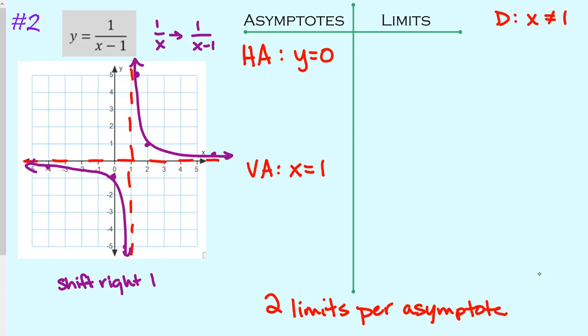So we're going to write the limits that go with each asymptote. So for the horizontal asymptote, you always have the limits as x approaches infinity and as x approaches negative infinity. Okay. So what is the graph doing as x approaches infinity?